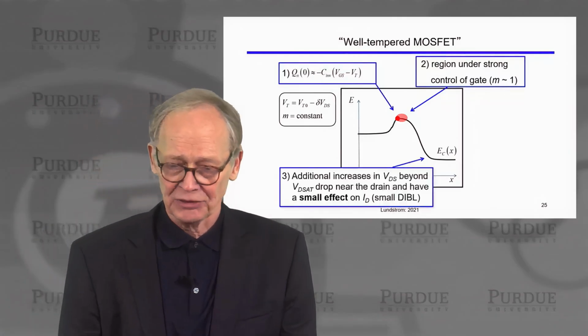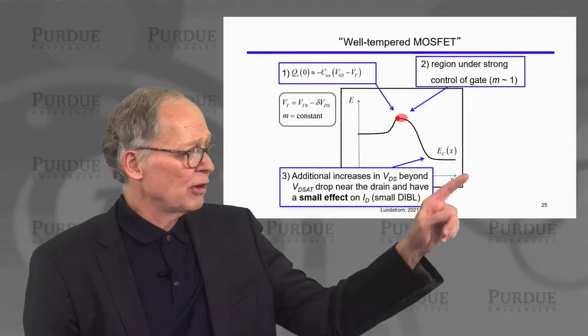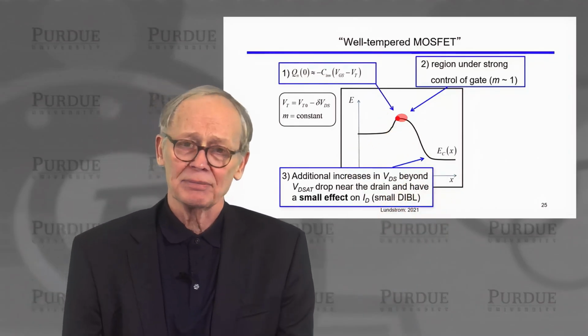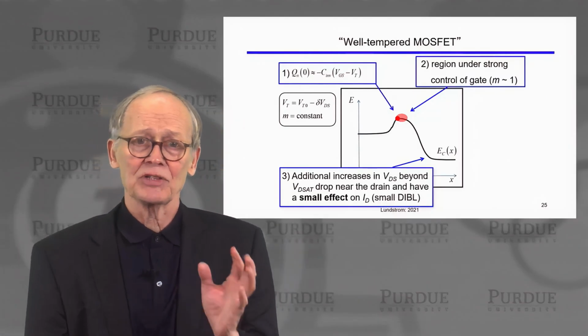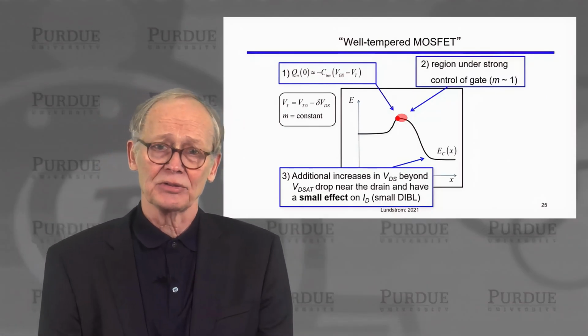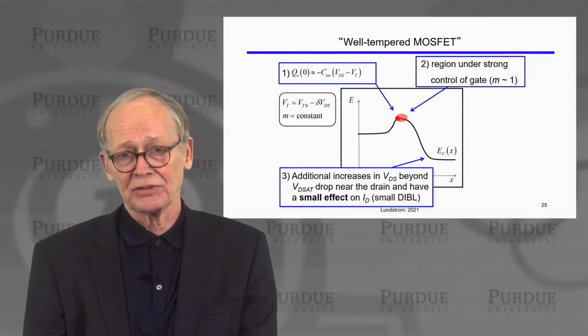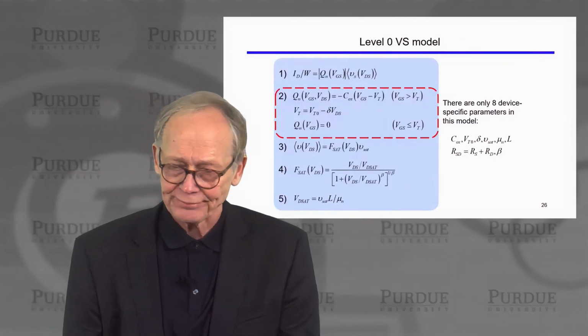That's a well-designed transistor. If we increase the drain voltage, most of the voltage drop will occur near the drain. This region near the top of the potential energy barrier, which controls the current, how much current can get out of the source and flow to the drain, is mostly unaffected then by increases in the drain voltage. That's why the current saturates.